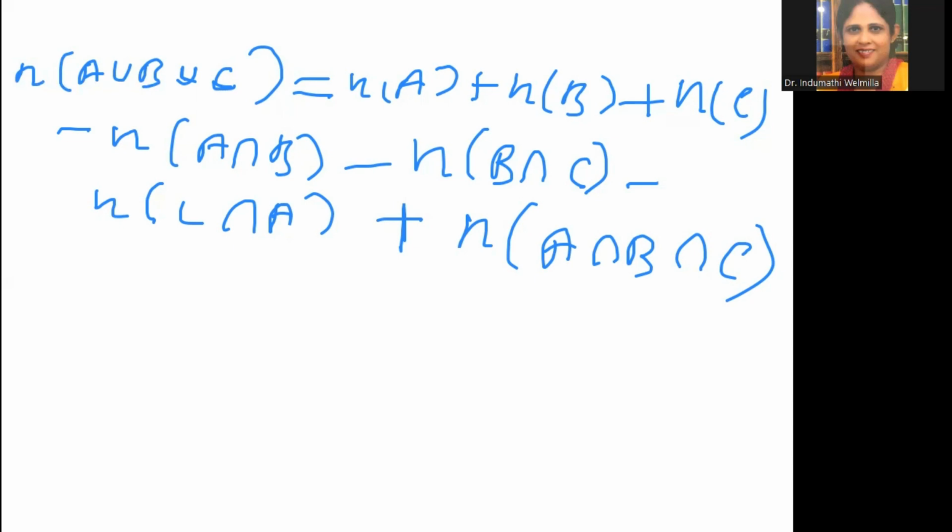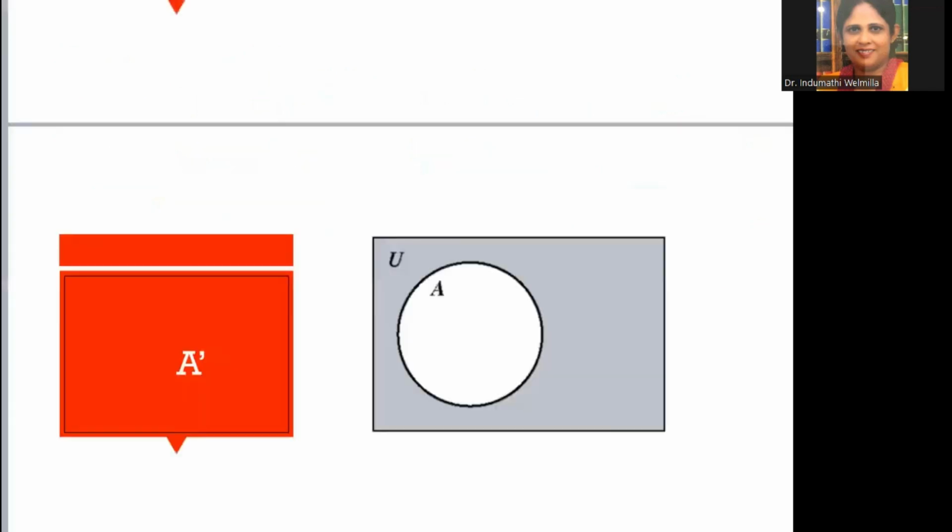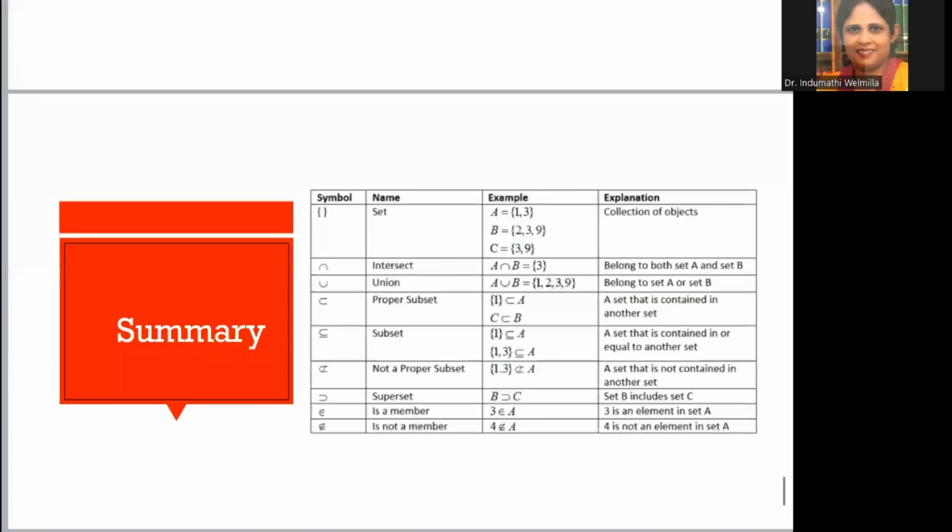Anyway, you have to keep the set symbols in your mind always, right? Already we discussed, but as a summary, I would like to just remind it again. This is union, and this is intersection. That is the symbol.